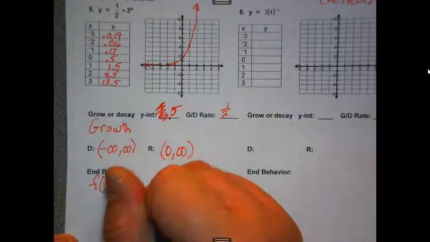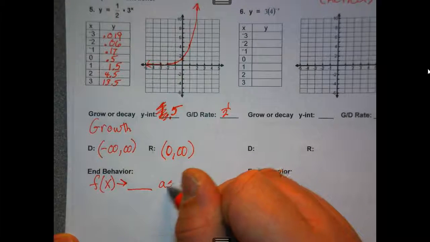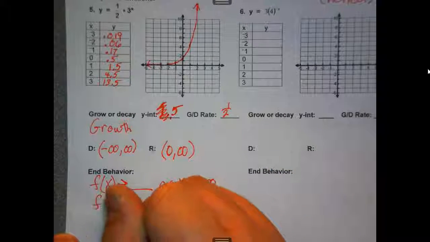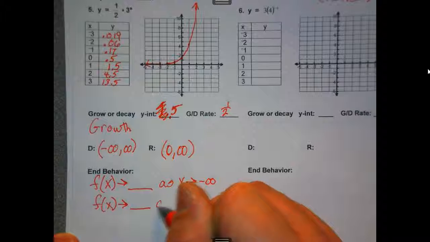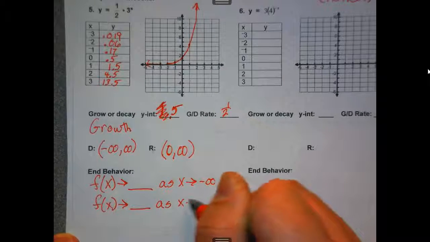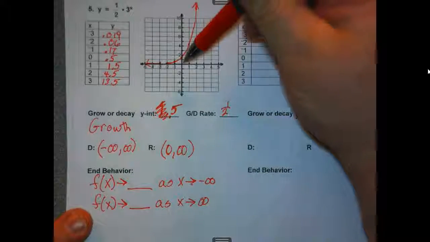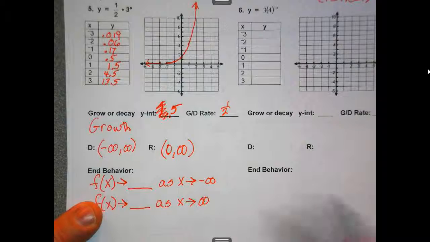Okay, the f of x approaches blank as x goes to the left, and the f of x goes to blank as x goes to the right. Okay, as x goes to the left, what happens to y of the graph?